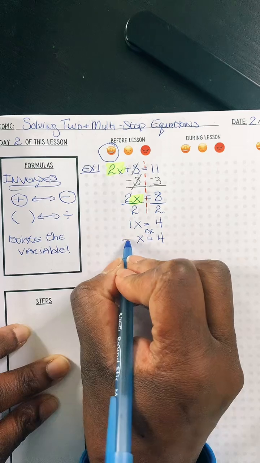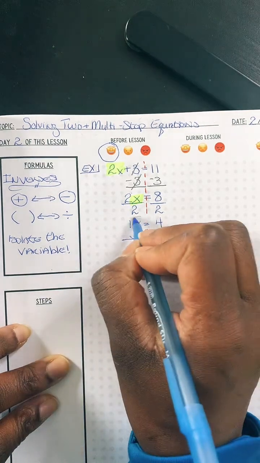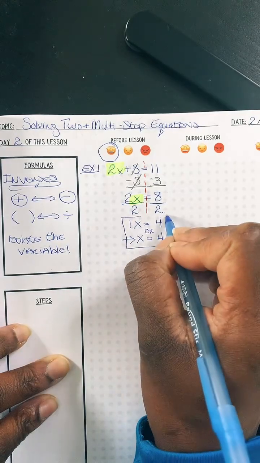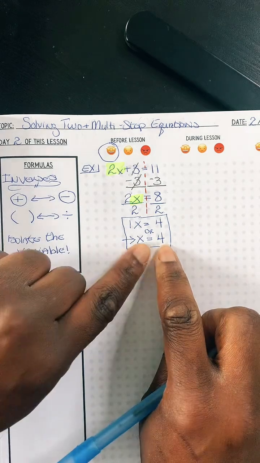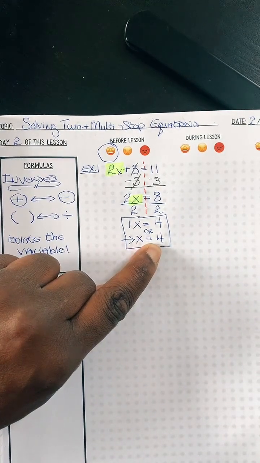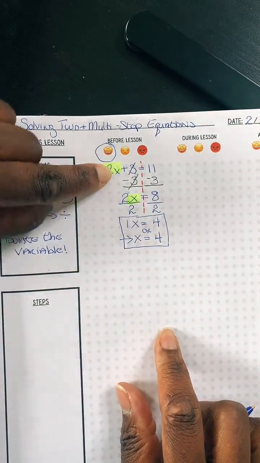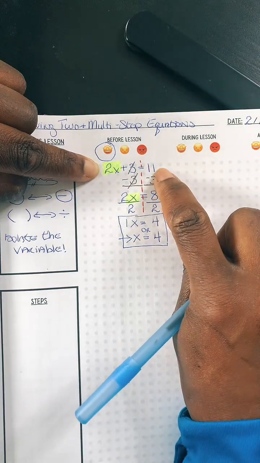Majority of the time in math, you're going to see this as your final answer. But I'm going to box both of them because it is making a true statement. So we're saying that if I take this answer of 4 and I plug it in for x up here in my original equation, I should get a true statement.